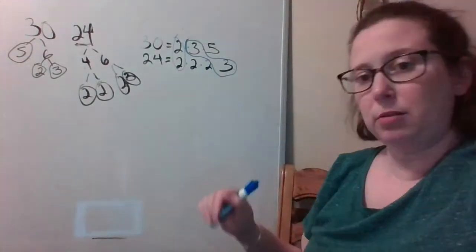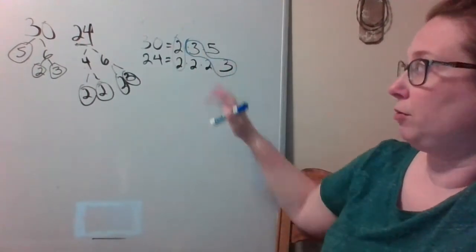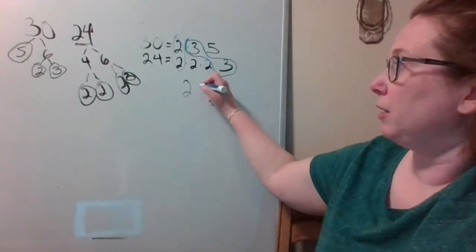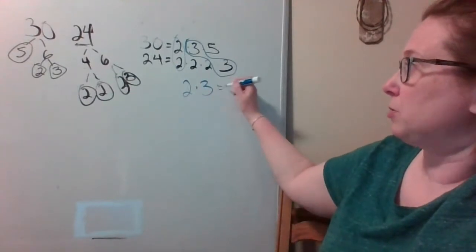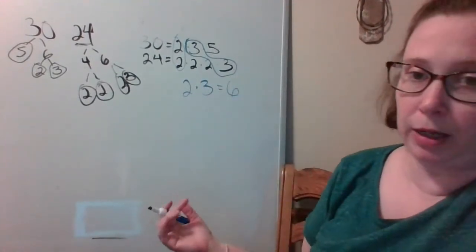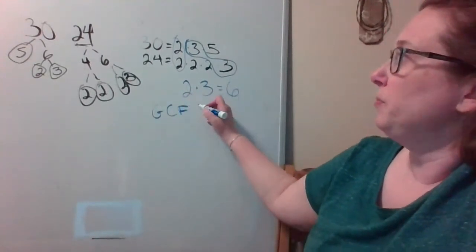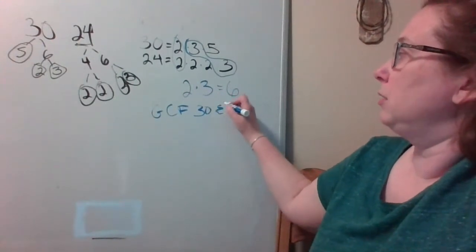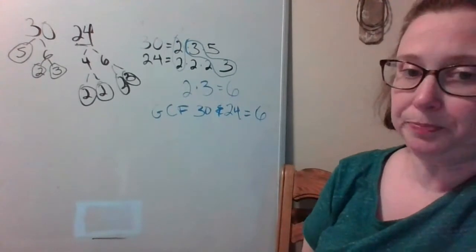All right, so we have circled our sets of 2 and 3, and now I just need to multiply everything that is circled. So I'm going to say 2 times 3, which equals 6. And some of you may have known already that our greatest common factor for 30 and 24 equals 6.